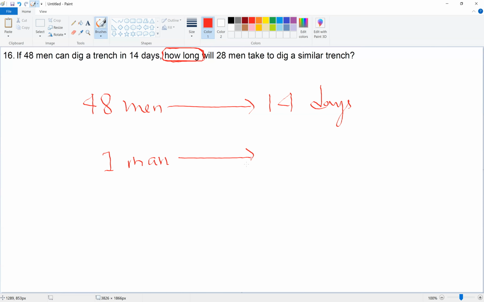Everybody pay attention, please. 14 days. Do you think it will take less number of days or more if I have only 1 man doing the job? More number of days. This is different. Do you see this one would be this times 48?